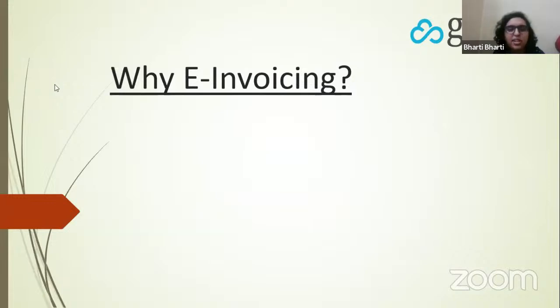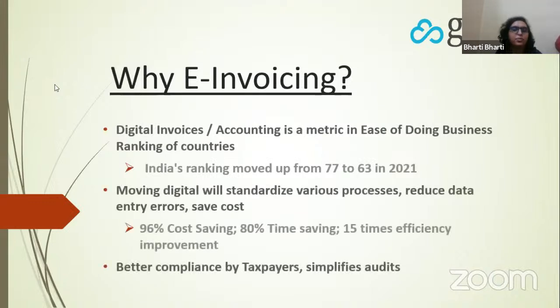People should not consider e-invoicing to be a burden. Most of the people who have already implemented e-invoicing have realized that they have reduced their cost by around 96%, saved 80% of time, and made their accounting process 15 times more efficient. When you move on to a digital process, it also brings transparency.